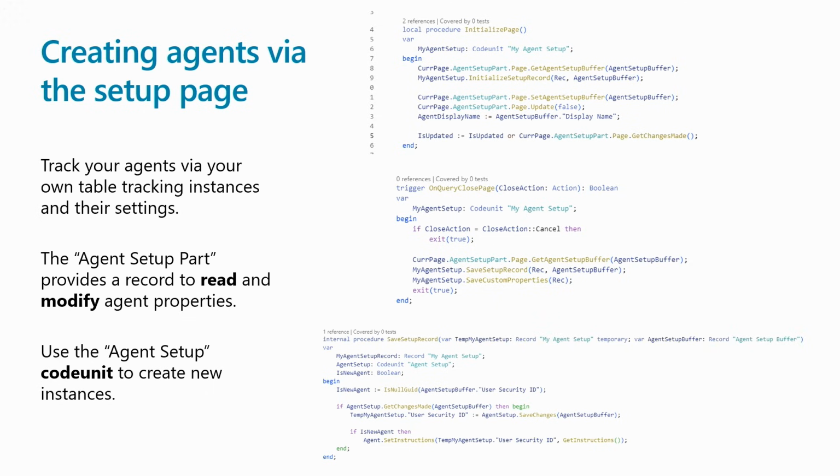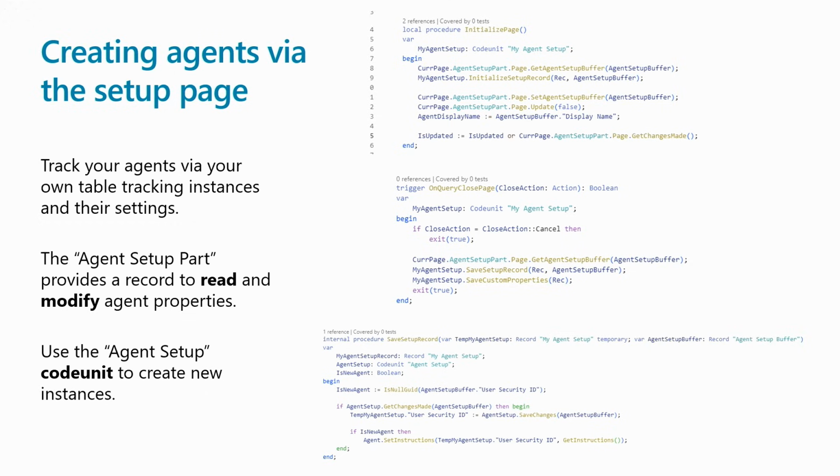One of the very important concepts in its design is that it's supposed to work with a temporary table. So that means that you should only save your changes when the user clicks OK and accepts. And on the right, you can see a little bit about how it works. You can also find these things in the template. The main part is that the setup part, the standard component, gives you access to a setup buffer record that you can use to track some of the basic characteristics of an agent, like its ID, if it's active, and so on.